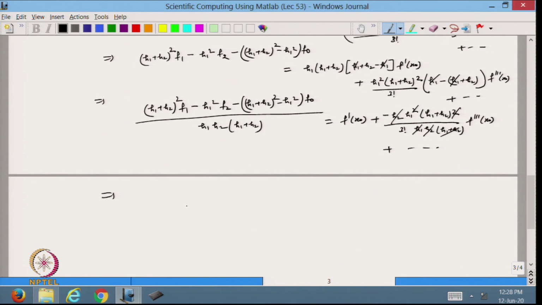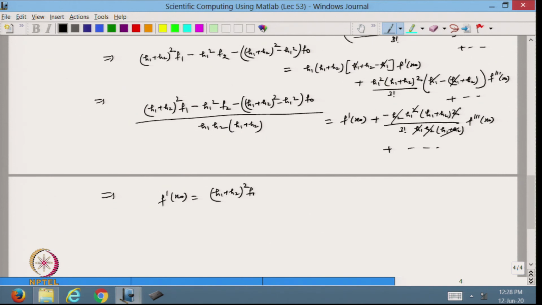So from here I can write directly that my f dash at x naught can be written as h1 plus h2 square f1 minus h1 square f2 minus h1 plus h2 whole square minus h1 square f0, divided by h1 h2 into h1 plus h2.